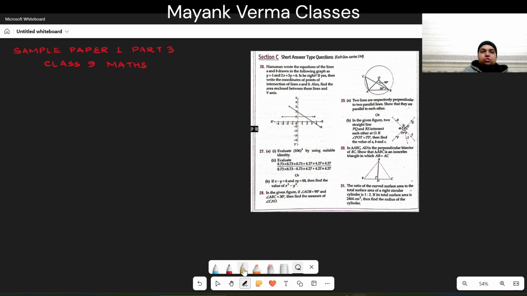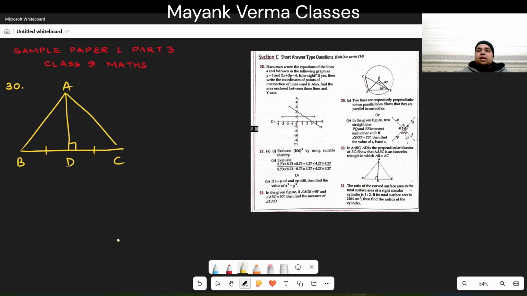Now, 30th question. In 30th question, it is saying that in a triangle ABC, AD is perpendicular bisector of BC. That means this side is equal to this. This is AD.